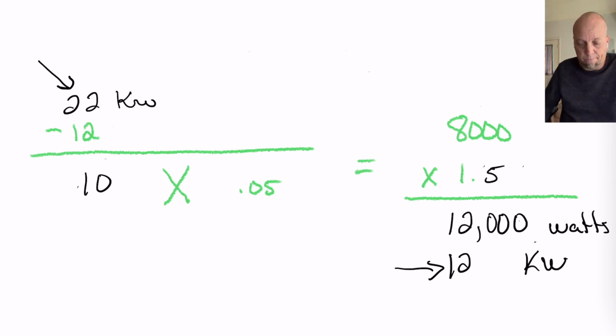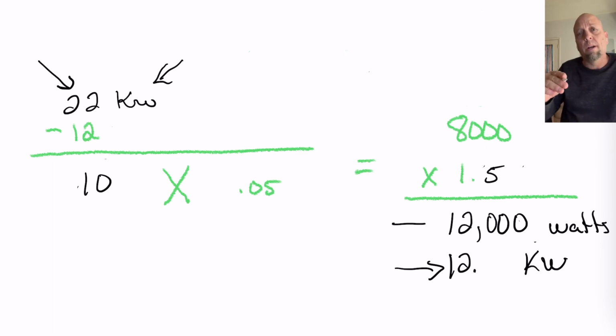So this little trick, backbone to the formula, whatever we want to call it, it's pretty handy to have. Keep it in your notes, keep it in your code book if you ever have to figure out single ranges. Once you figure out, like this one right here, a 22 kW range will always be 12 kW.